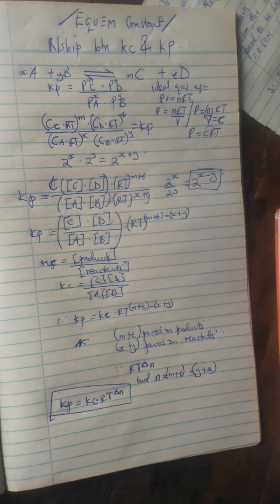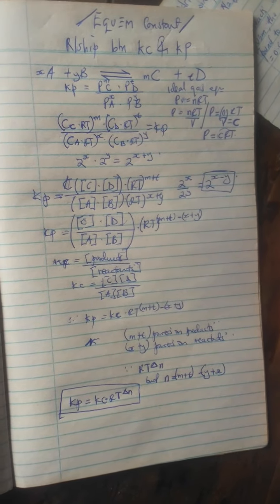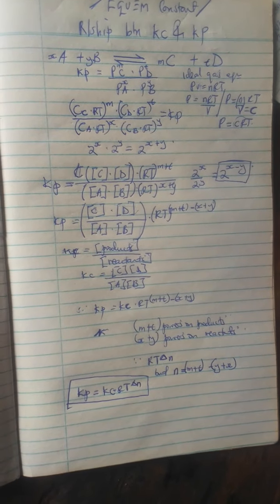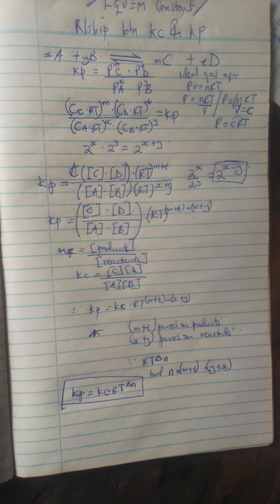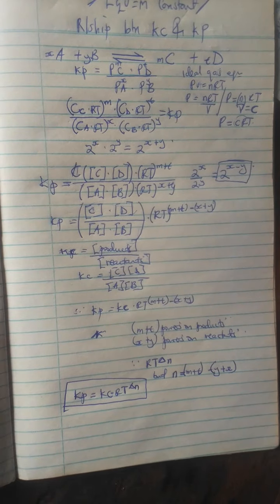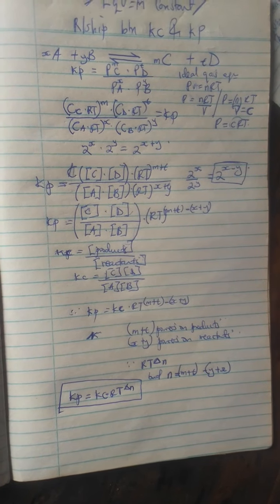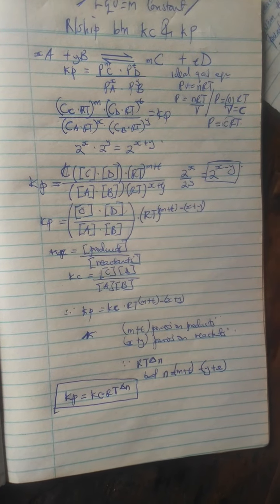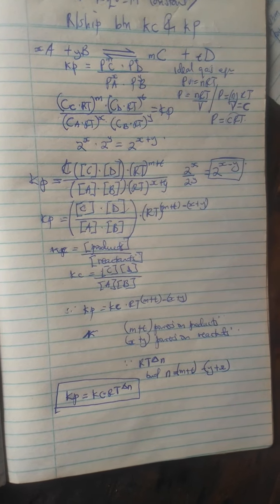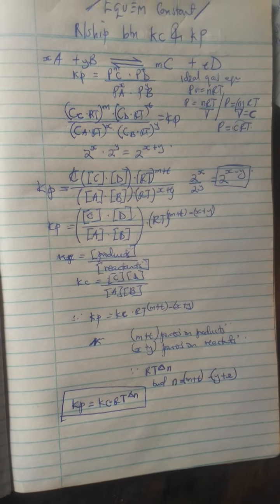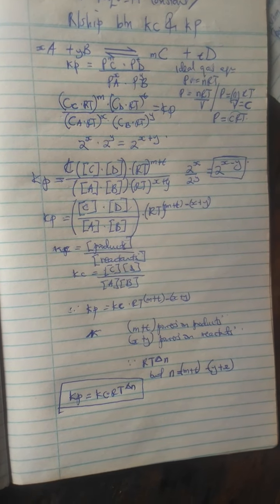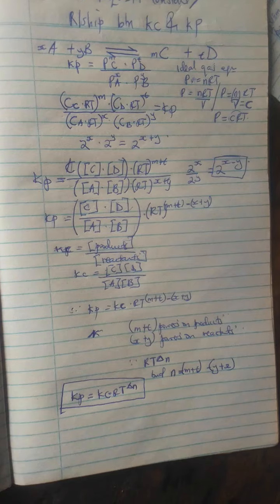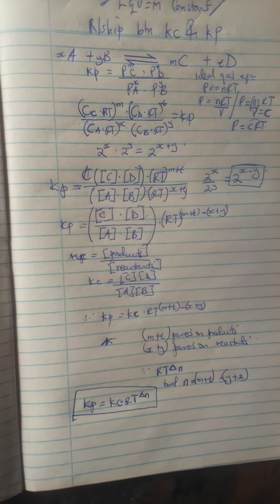So in summary, this is the relationship between Kc and Kp. Given a reaction A plus B giving C and D, where in balancing A is x, B is y, C is m, D is t. Kp equals the product of partial pressures of the products divided by the product of partial pressures of reactants, all raised to the appropriate powers.